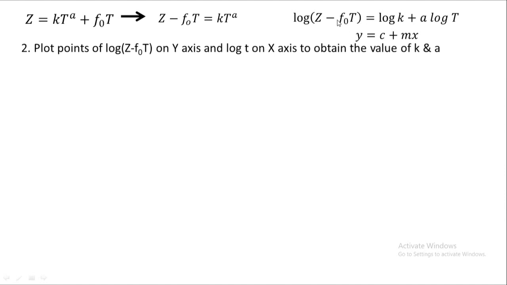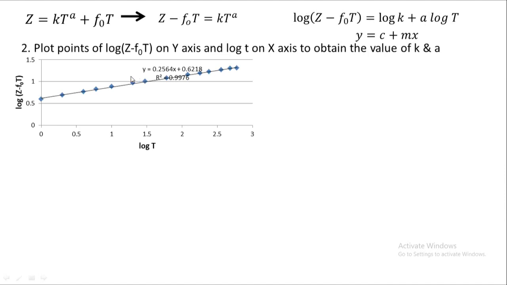Now, we will plot log of Z minus F0T on the y-axis and log T on the x-axis to obtain the values of K and A. It will give us a straight line. Log K is 0.6218, so K will be 4.186.